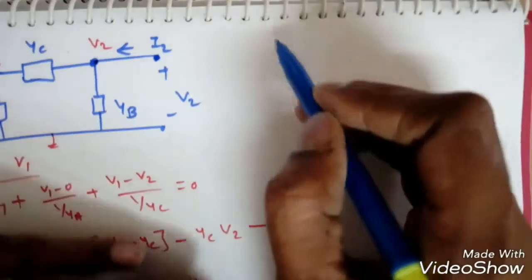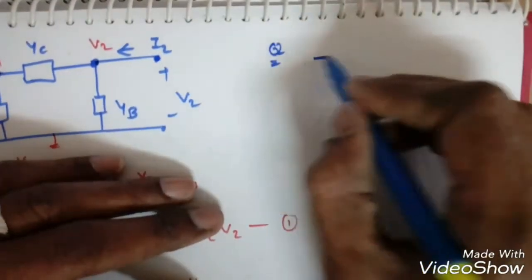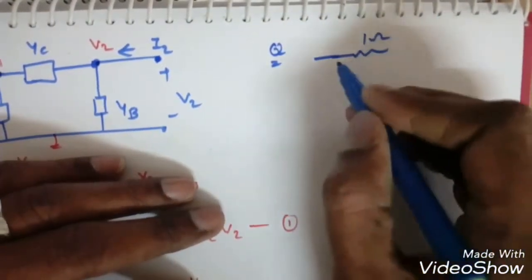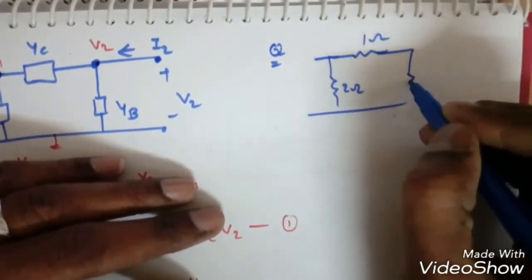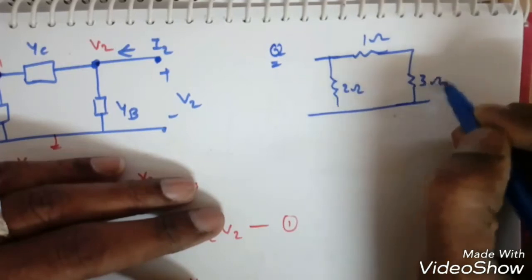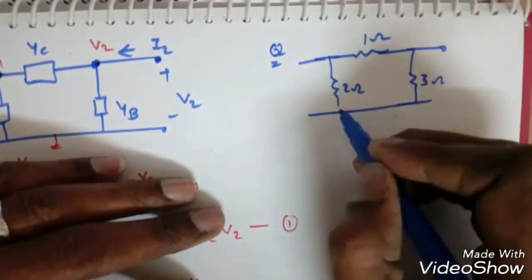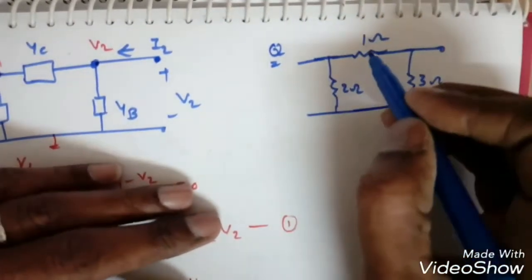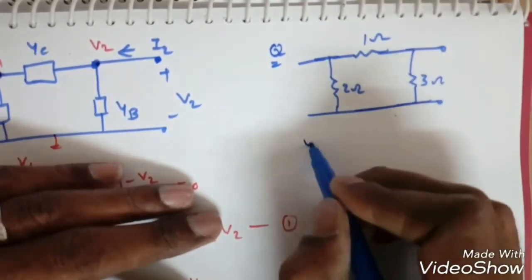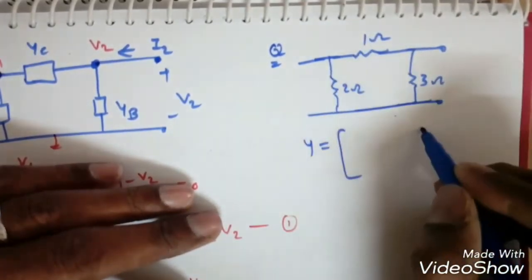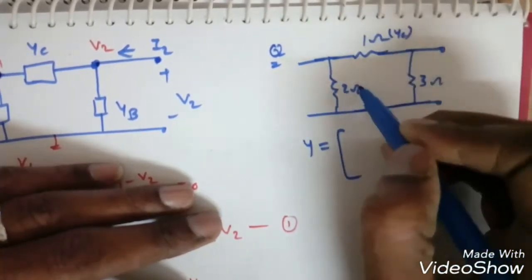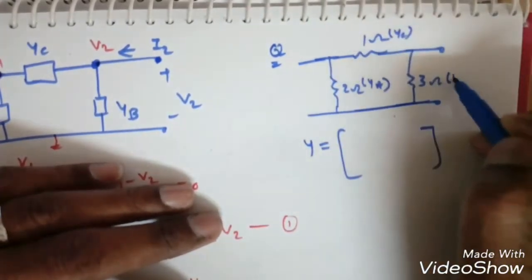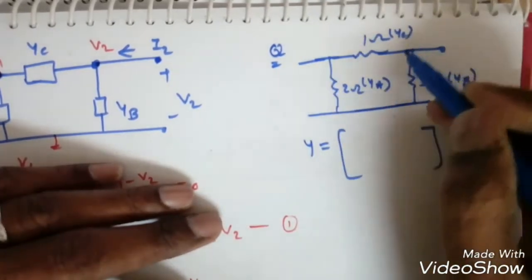Suppose the question is given like this: this is 1 ohm, this is 2 ohms, this is suppose 3 ohms. If I want to find the y parameters, these are impedances, so directly I can write like this: y is equal to, say, this is yc, this is ya, this is yb, so ya plus yc.